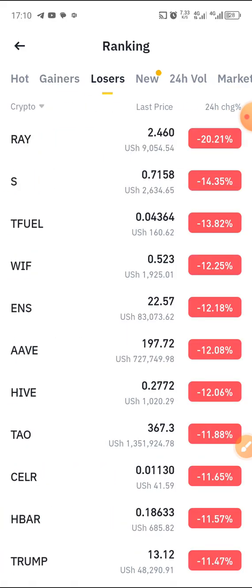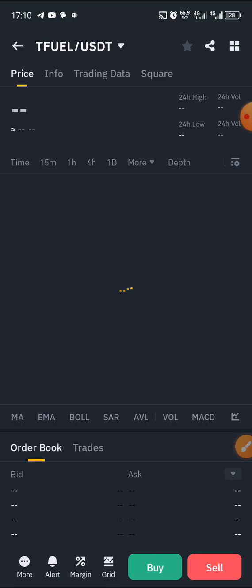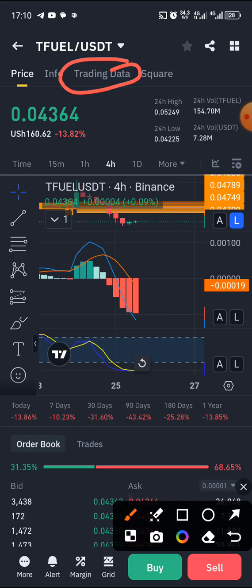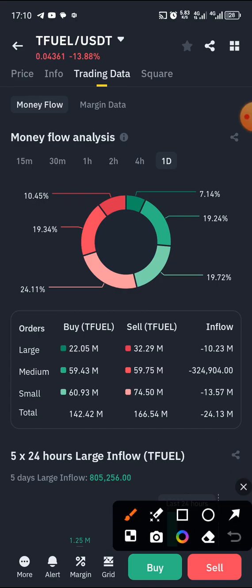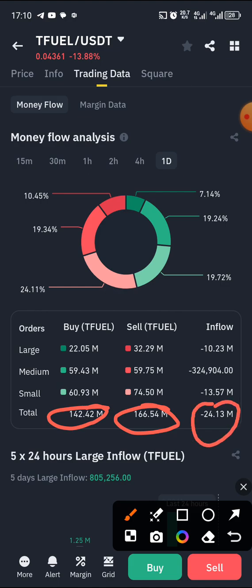For the losers, I want to show you the difference. Let's open T-Fuel. Then open the trading data and you see how this coin is performing. In 1 day, the buyers are less than the sellers, meaning the outflow is $24 million.